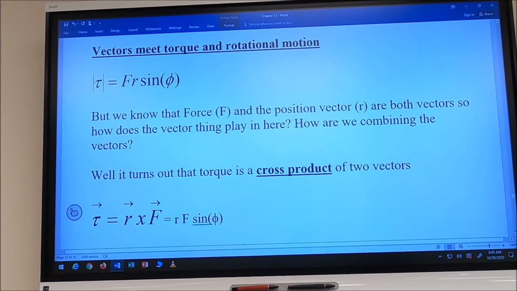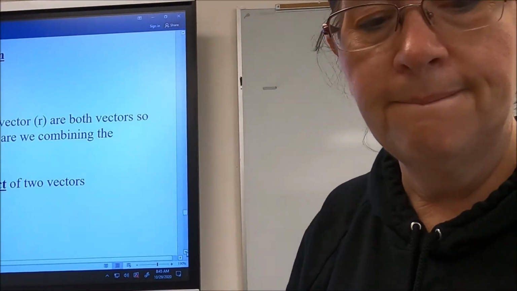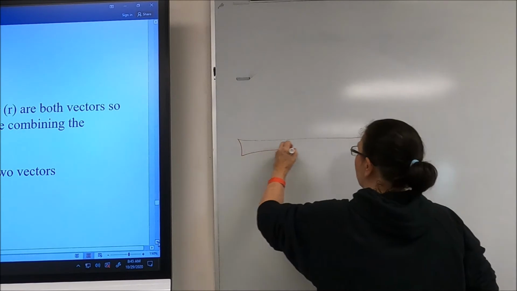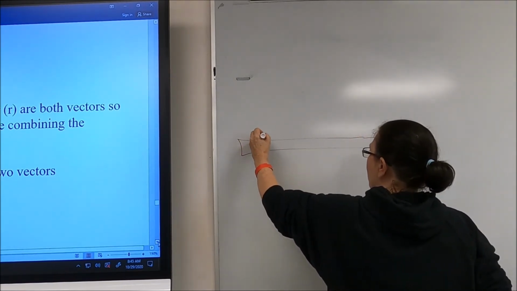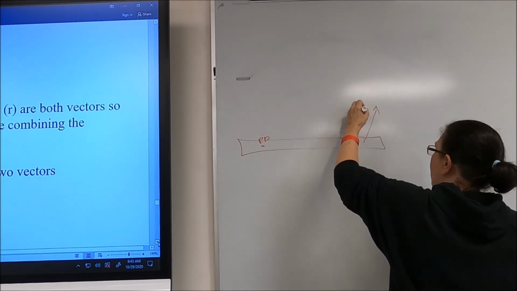Well, it turns out that when we're calculating torque, what we're really doing is a combination of two vectors, the F vector and the r vector, and what we're doing is a cross product of two vectors. Now let me draw a picture. So, if this is my object, there's my pivot point, and let's say I'm applying a force F here.